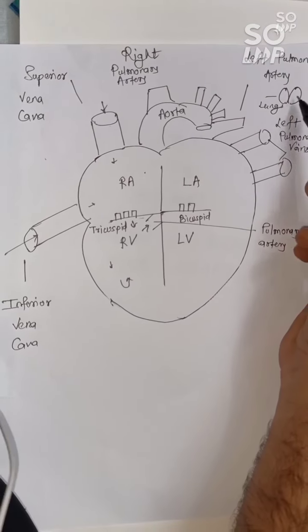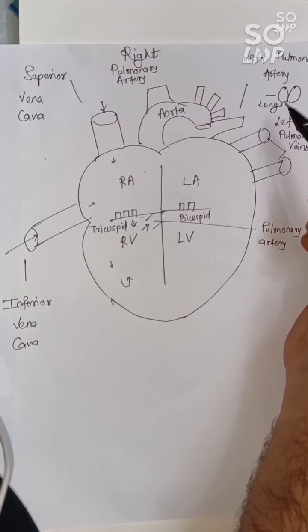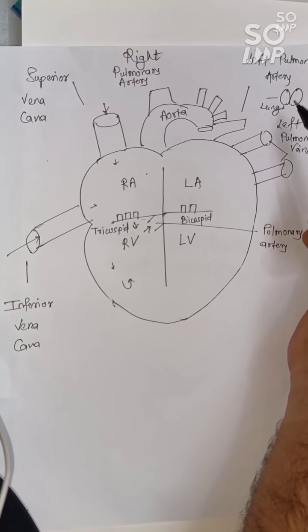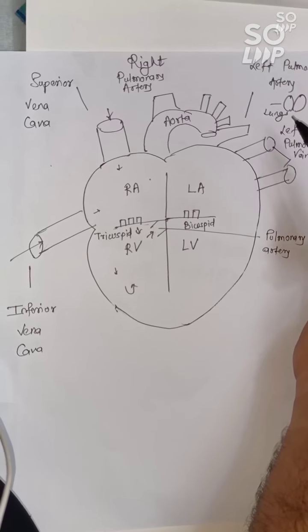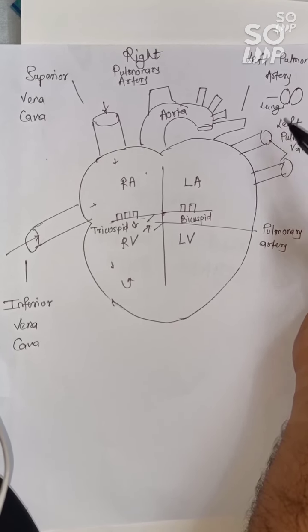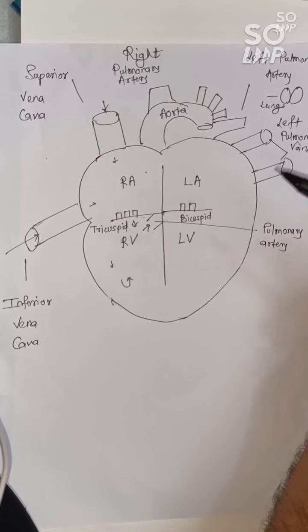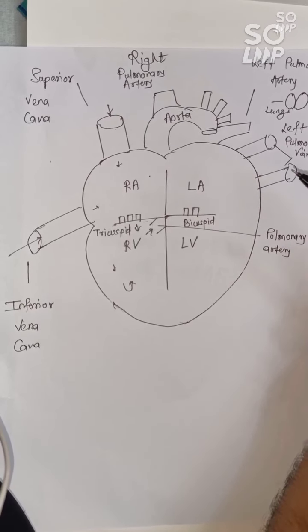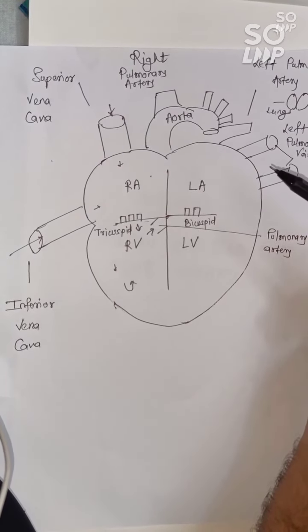In the lungs, the process of respiration takes place and the deoxygenated blood gets converted into the oxygenated blood, and it is passed through the left pulmonary veins into the left atrium.